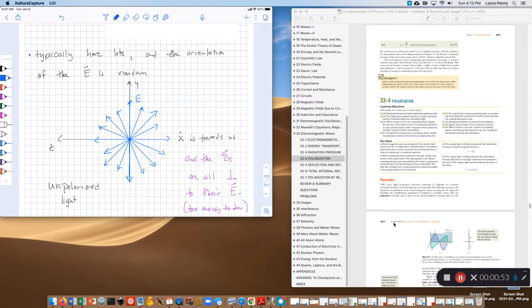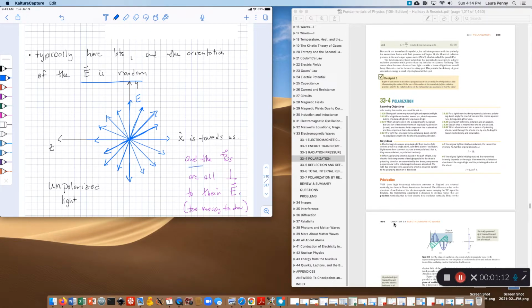But I'd also see a wave that had probably its electric field going like this, and one going like that, and one going like this. They're going to be randomly oriented because my particles could be moving in all these different ways. So you're going to have all these randomly oriented electric fields.